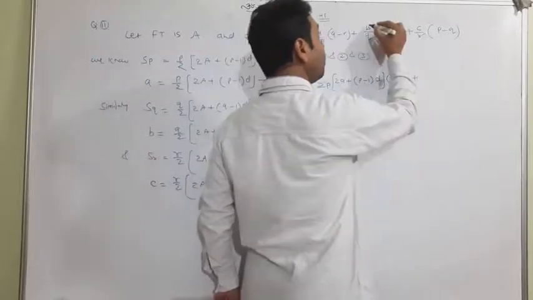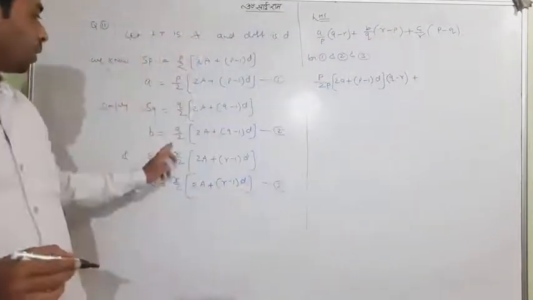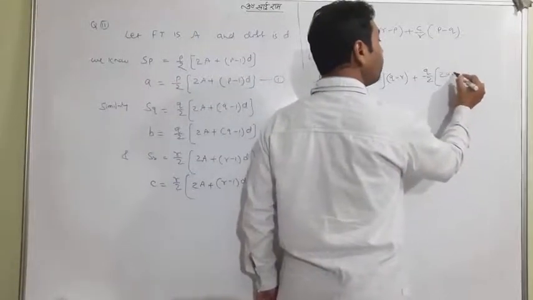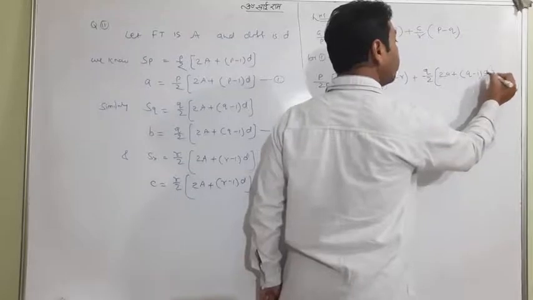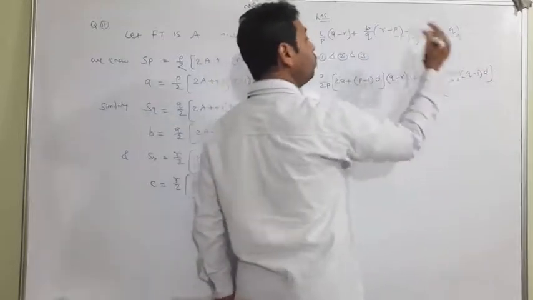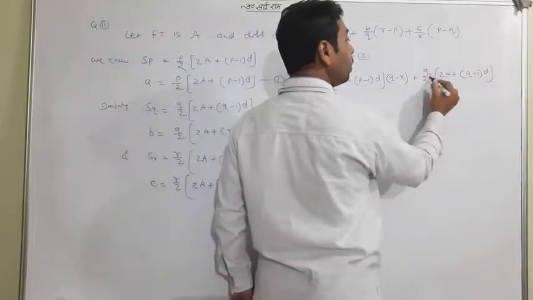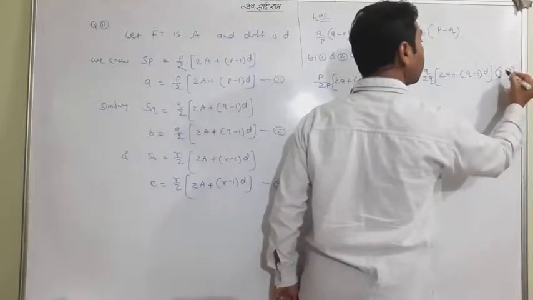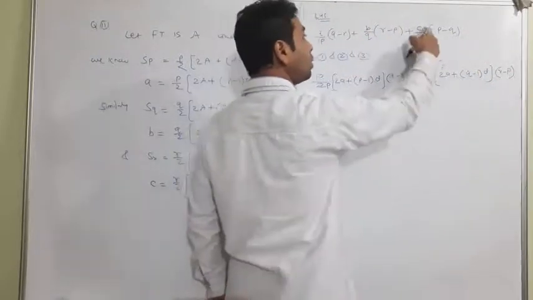Same for b. What is the value of b? This is q by 2 into 2A plus q minus 1 into D, upon q, and into r minus p. And the next, what is c?